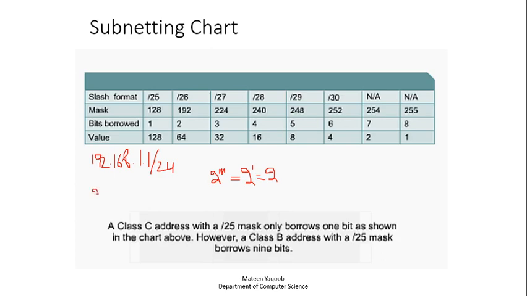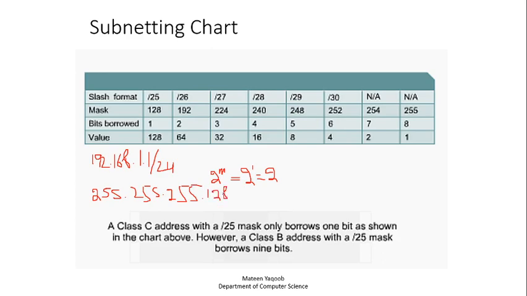The subnet mask will be changed to 255.255.255, and as I have borrowed 1 bit, the last octet will be changed to 128.